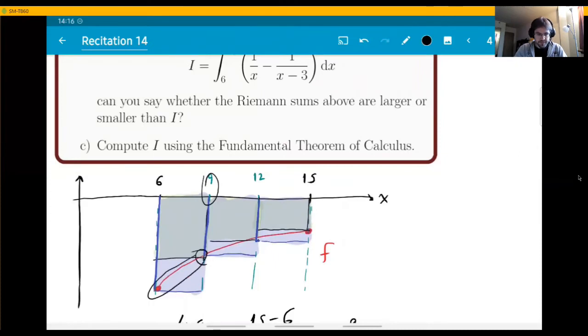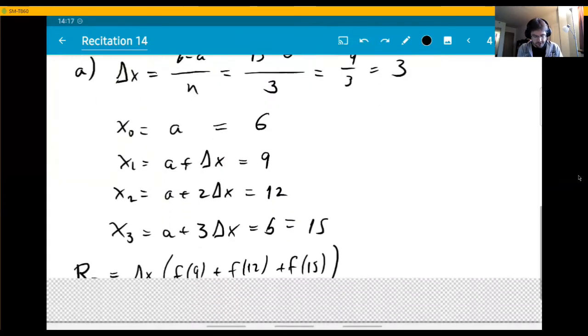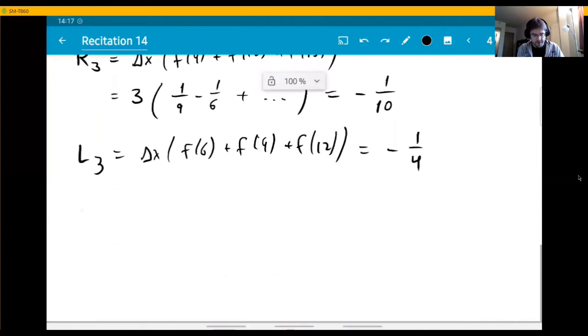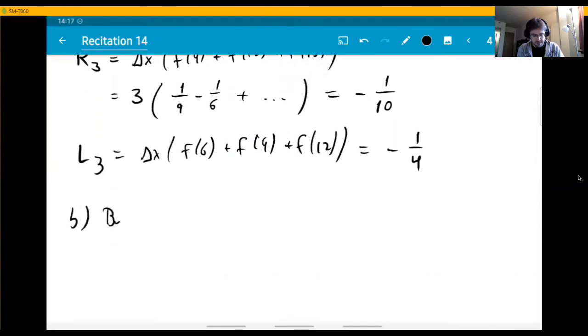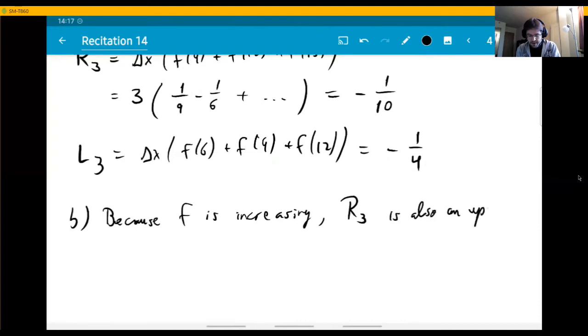So as I said, the right sum is also an upper sum in this case because the function increases. So this gives us a hint for how to answer B. Because f is increasing, as we could see from the graph, Riemann sum R3 is also an upper sum.